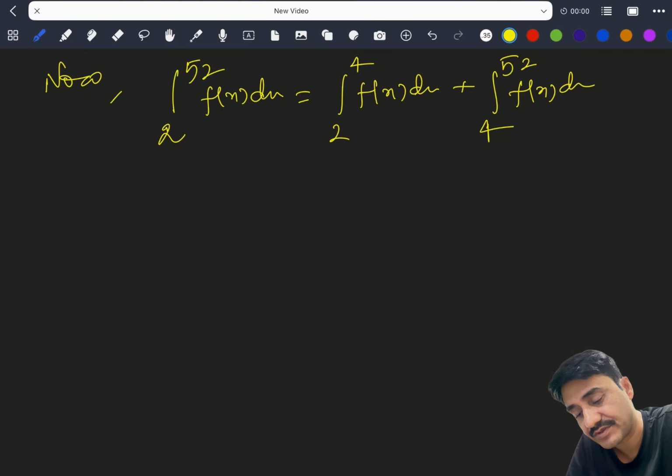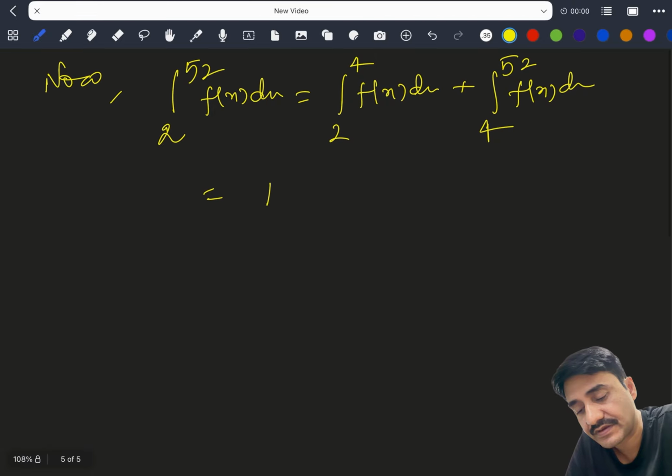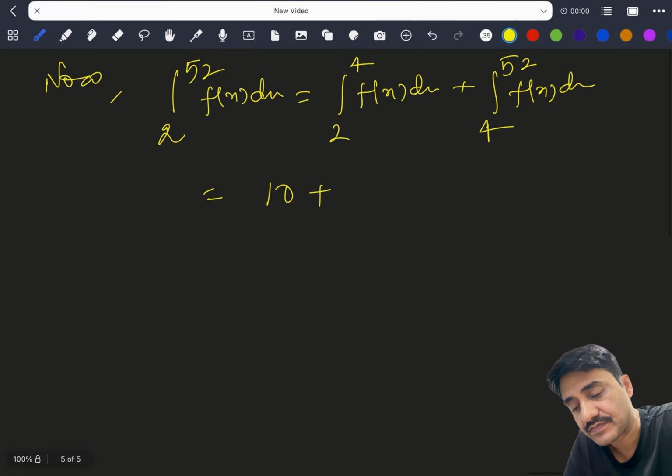The integral 2 to 4 f(x) dx is 5, and here we can write 4 to 4 plus 48.